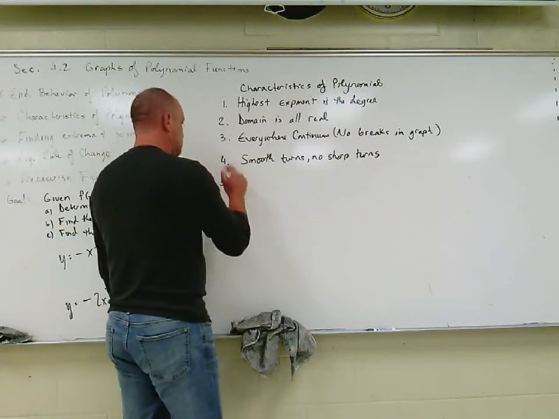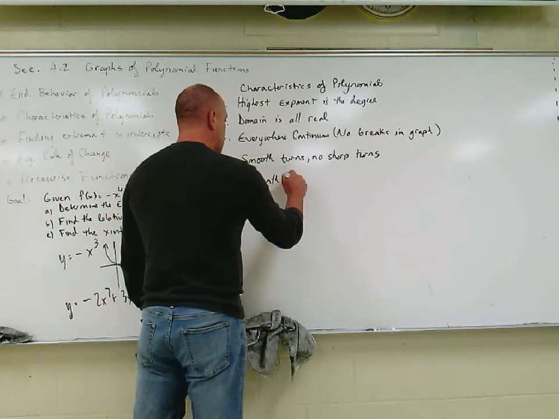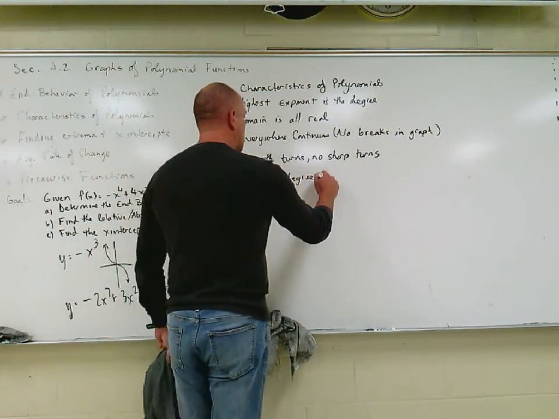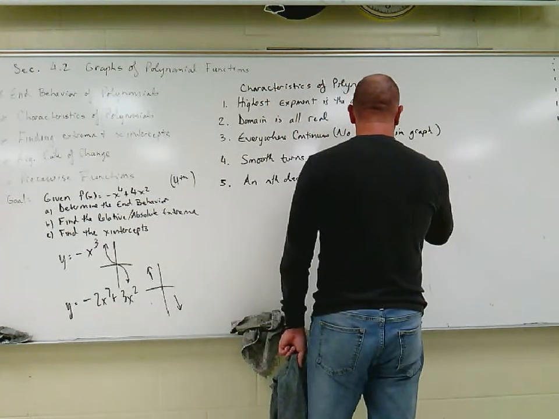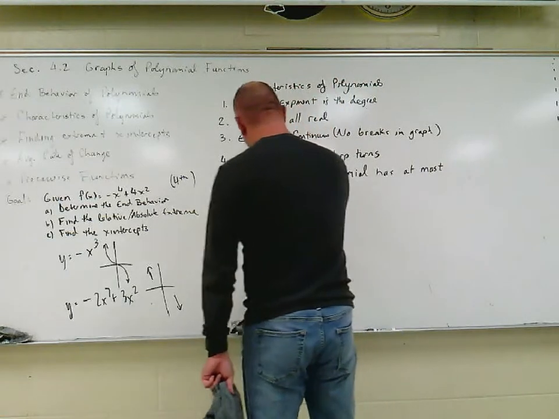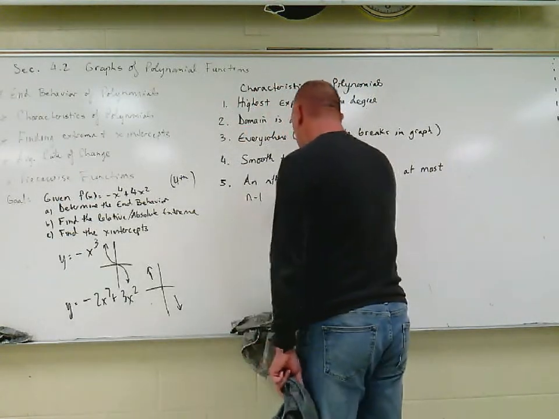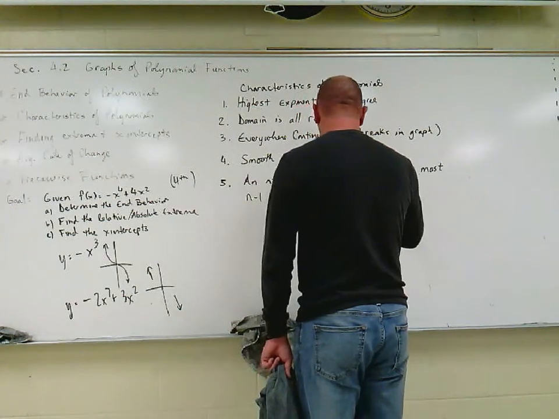All right, next one. An nth degree polynomial has at most n minus 1 turning points. I call them hills and valleys.